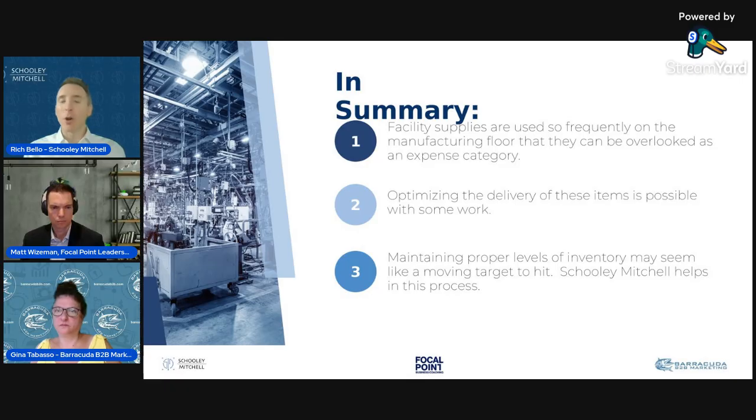That's part of our process too, specifically with facility supplies. We're going to be in touch with our client to make sure both at the beginning of the project and also throughout the project that the supplies and the deliveries from the vendor are in line with the usage of the client and they're not being under delivered or over delivered. So that's all part of what we do with our service.